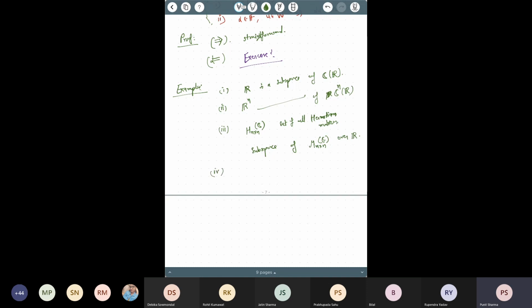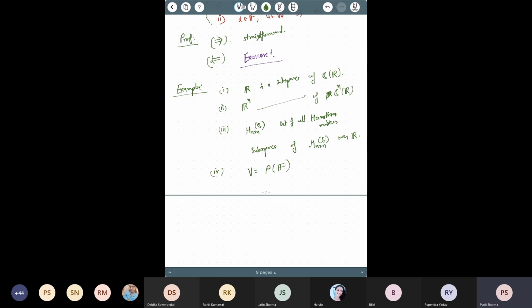Similarly, you already have the vector space V of all polynomials. Now, can you give me two subspaces of this vector space V? Even polynomials and odd polynomials.